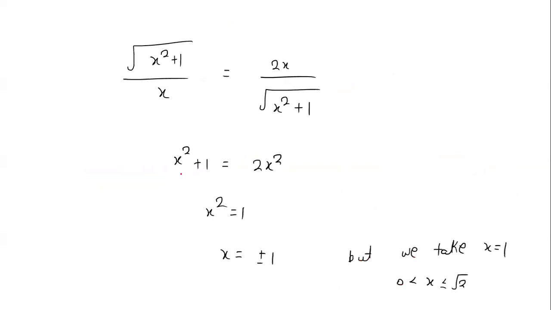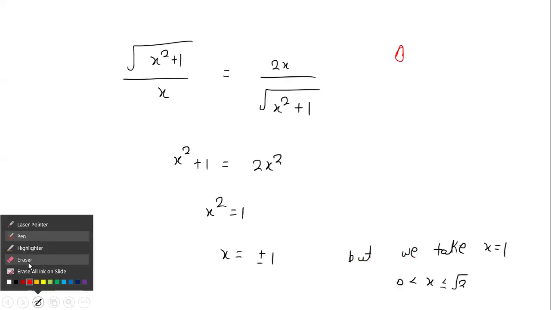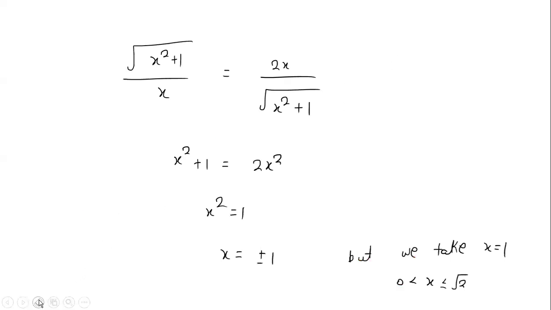If you see, for getting the minimum value, these two numbers, one is this number and one is this number, must be the same for AM equal to GM. So these two numbers must be the same for the minimum value. If you equate these two and cross multiply, x² + 1 is on the left hand side and 2x² on the right hand side.